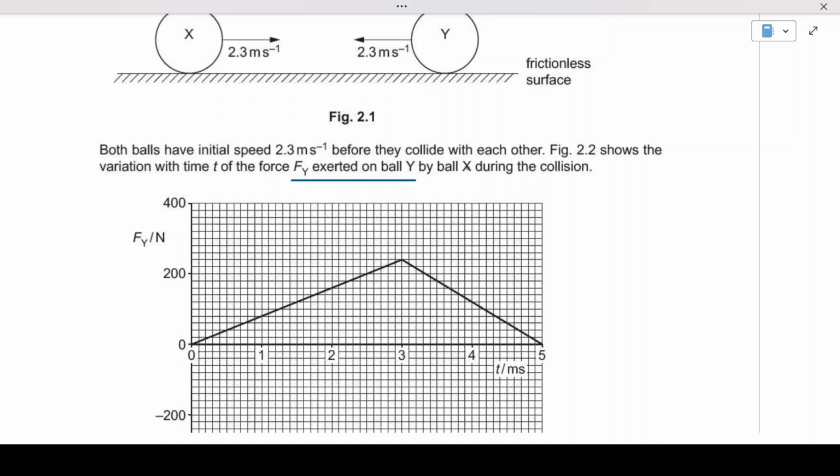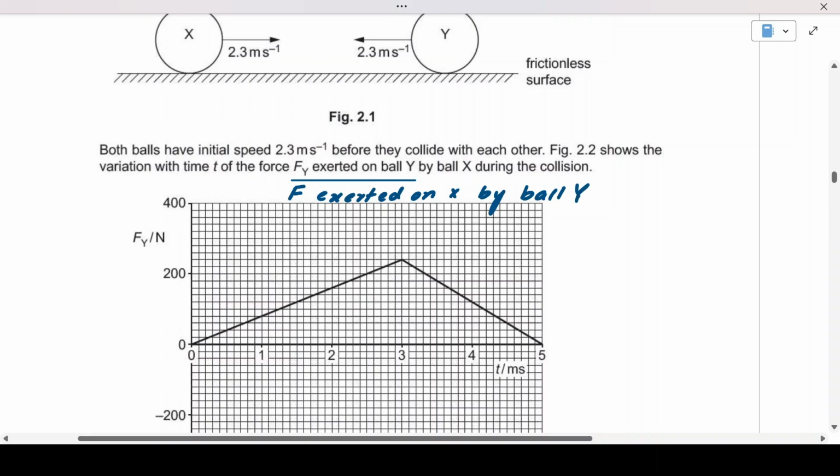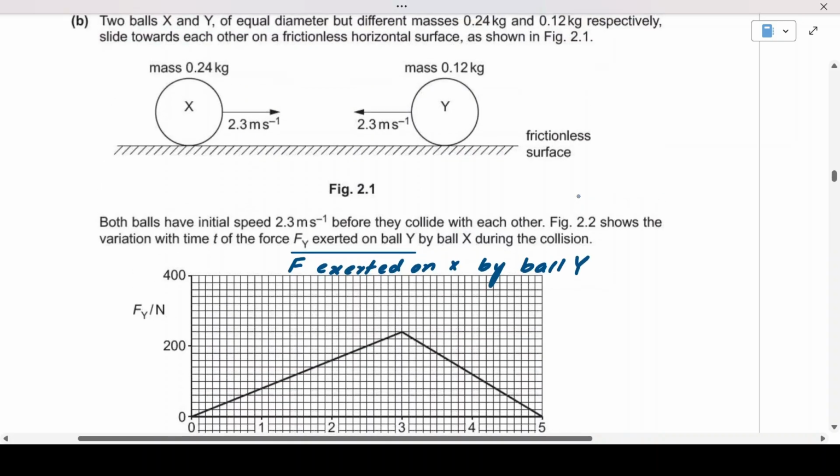And I also know one thing, that the force exerted by the ball Y on the ball X, so means force exerted on X by ball Y should be equal and opposite according to Newton's third law of motion.